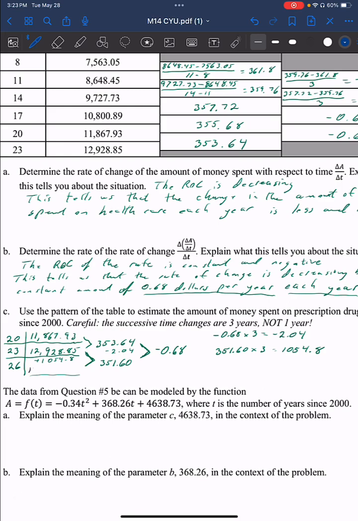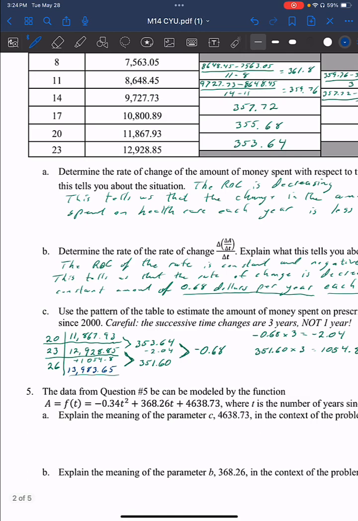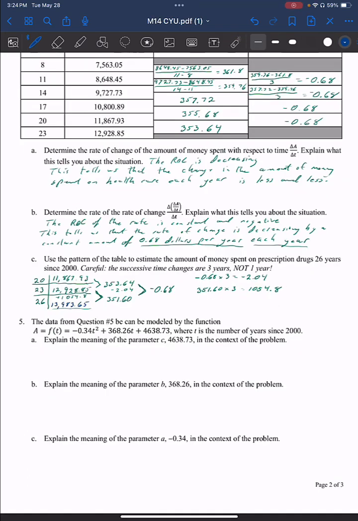The amount spent per capita in 2026 is projected to be 13,983.65. That's how we use the table to work backwards, because we have a constant rate of the rate of change. And that gives us our final answer for that problem.